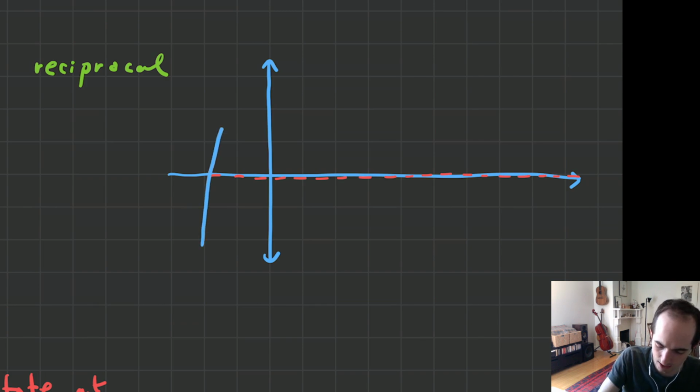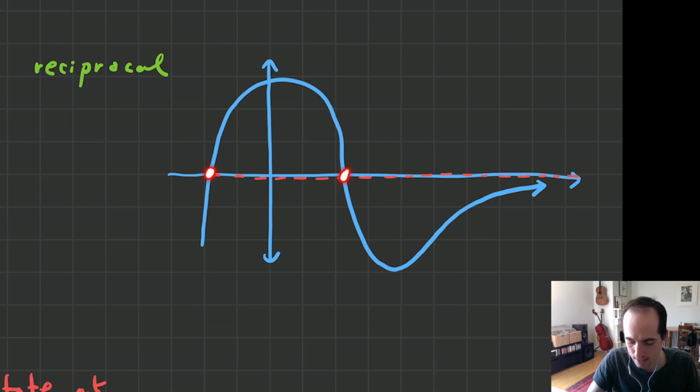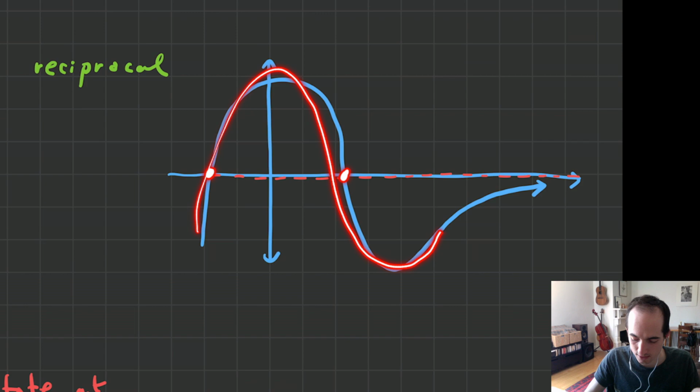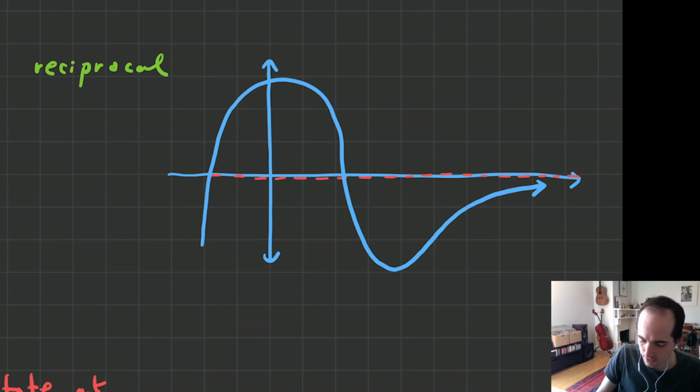Just like something that kind of has a bit of a wave like this, and then whoosh, kind of goes off. Like after this point, maybe this function crosses the x-axis twice, but only twice. And after this little bit, it goes very, very close to the horizontal asymptote, but never touches it.